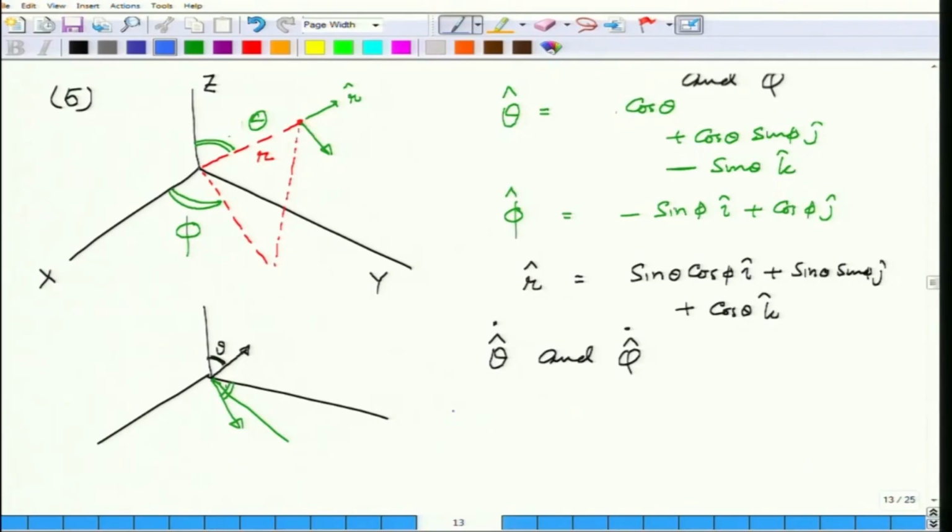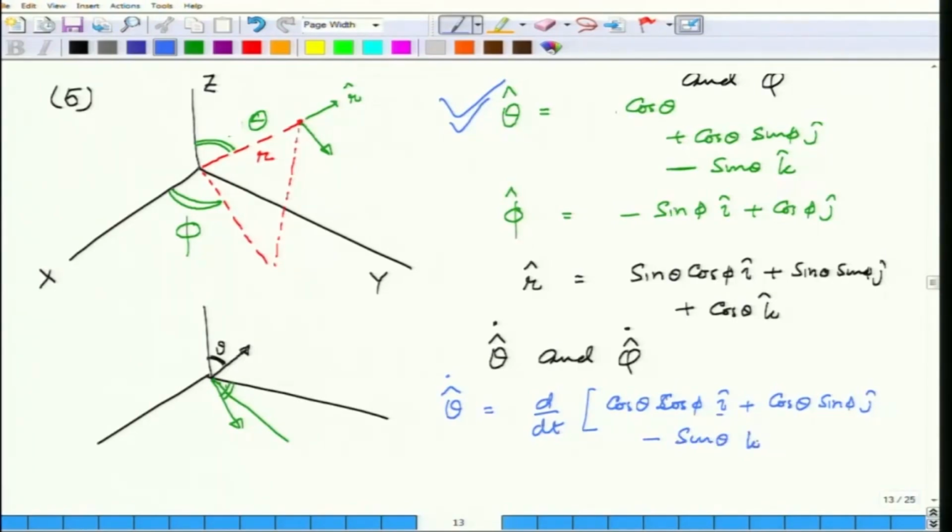To calculate theta unit vector dot, let me differentiate the expression given here. I'm showing you by taking it. This is going to be d by dt of cosine of theta cosine of phi i. Writing these vectors in terms of Cartesian unit vectors helps, because Cartesian unit vectors are fixed and therefore I don't have to differentiate them with time, plus cosine of theta sine of phi j minus sine of theta k.